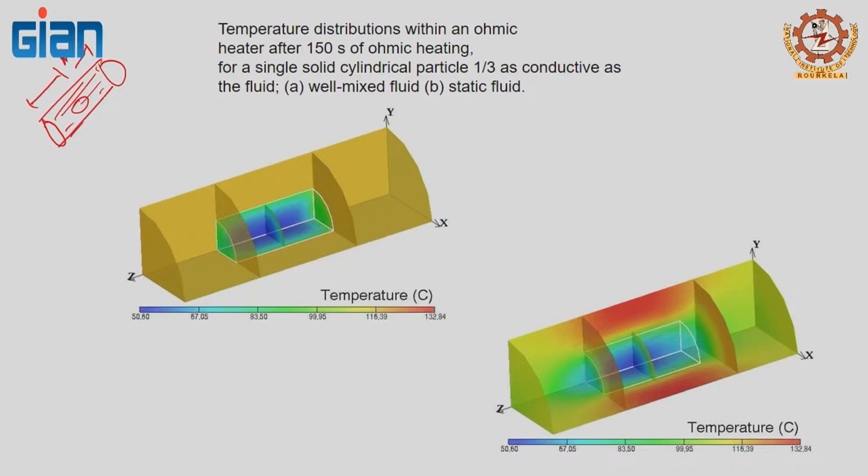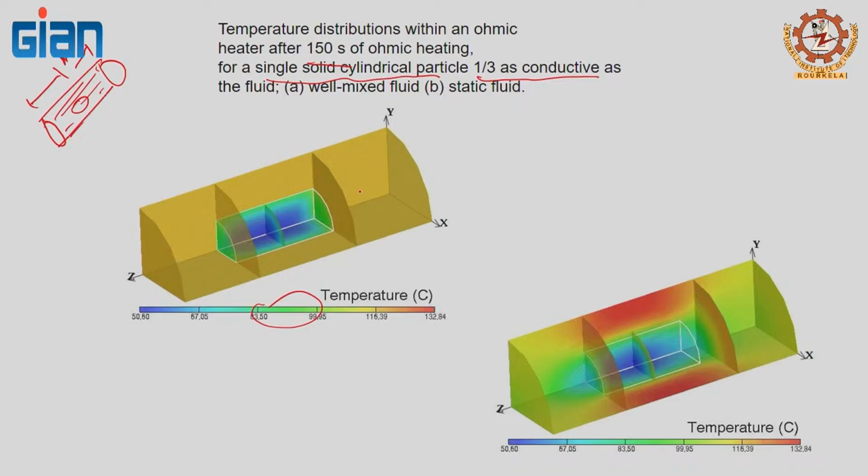What I am interested in the modeling is to see how the temperature develops within the solid and within the liquid. In the first case, you are processing 150 seconds, and your single cylinder particle is one third as conductive as the fluid. So, the fluid is more conductive and conducts electric current faster, the solid conducts electric current slowly, and you have an electrode here, electrode here. If the solid conducts slowly, it is going to heat slowly, showing maybe more green color, showing less temperature.